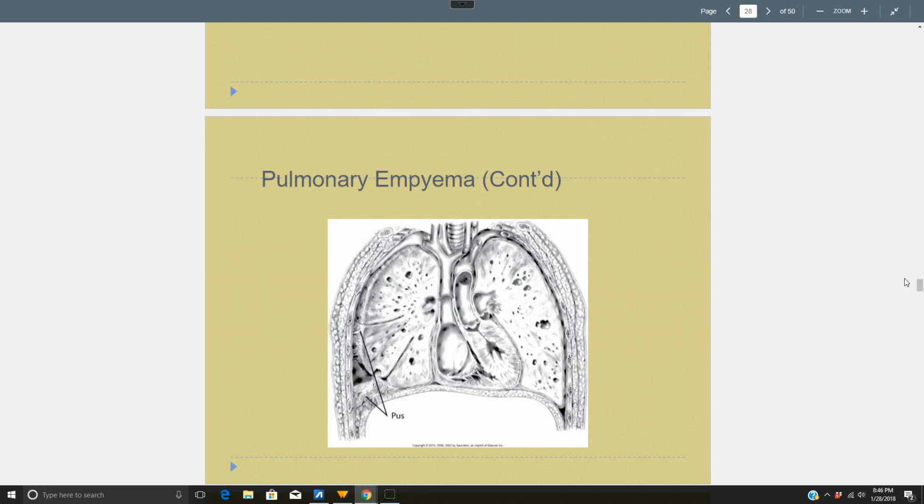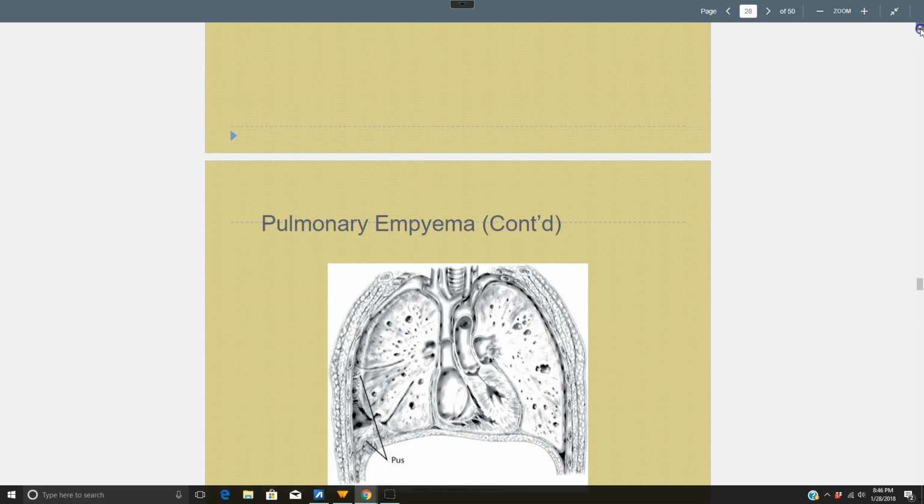As I said, inhalation anthrax is a bacterial infection caused by a gram-positive organism. We know that it's a rare natural occurrence in North America and it's not spread by person-to-person contact. It's very rare, so I probably won't even ask you anything on the test regarding anthrax.